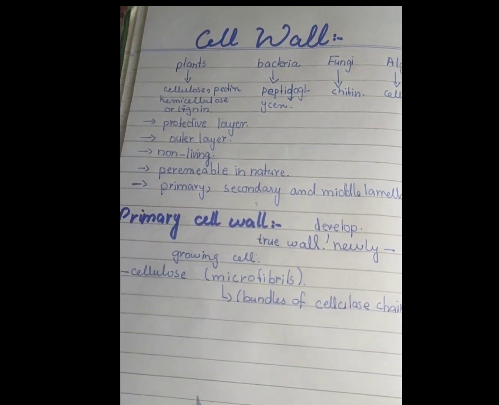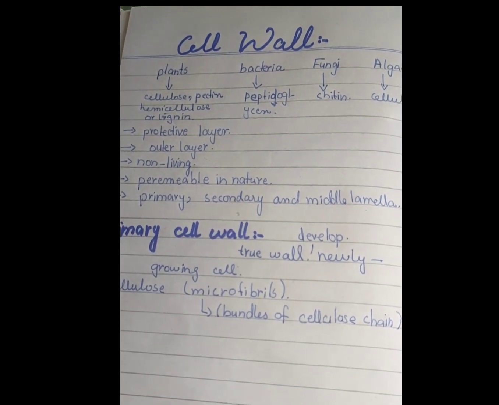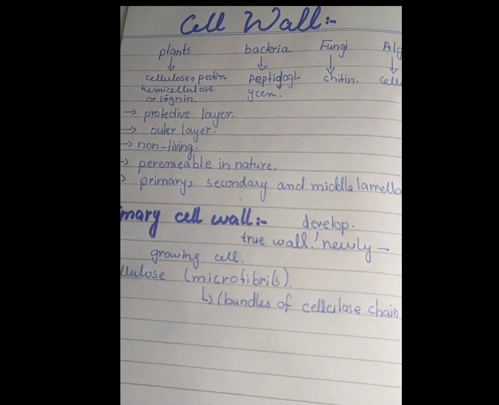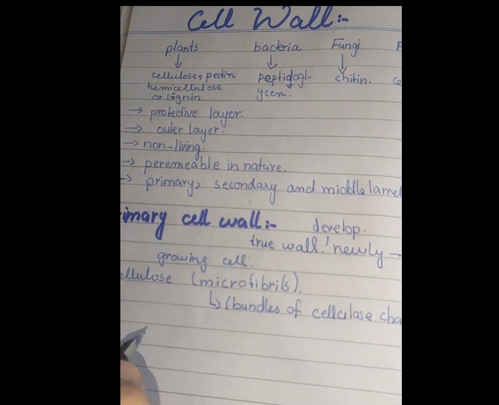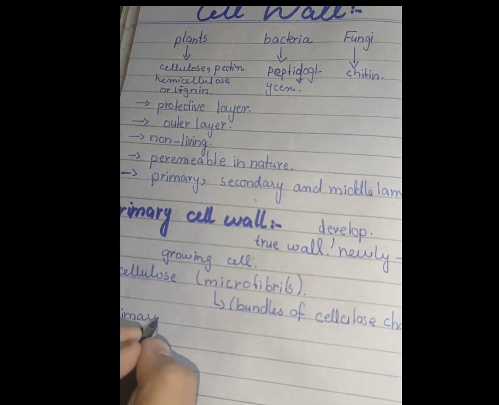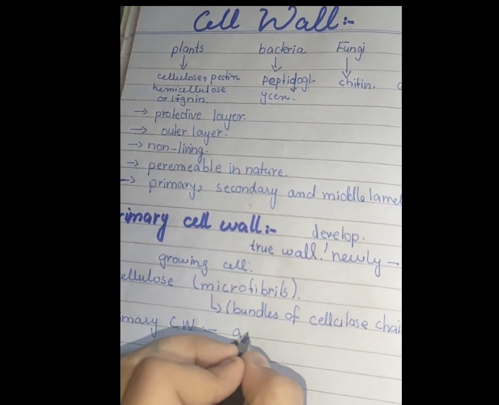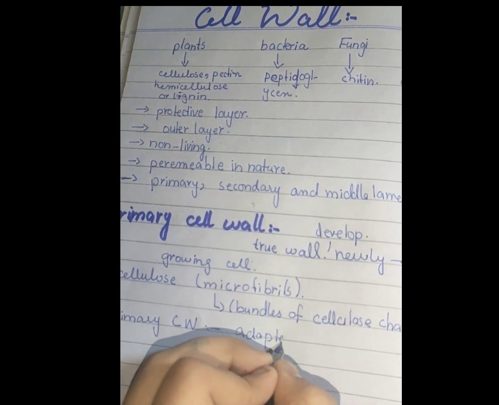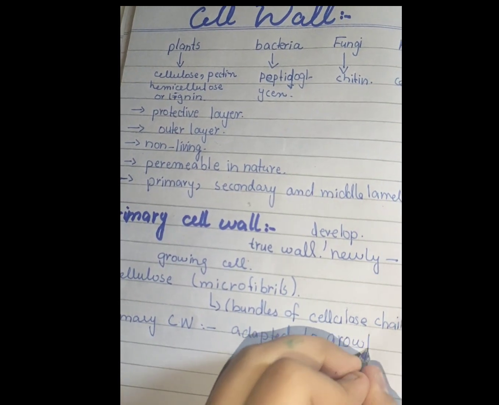Okay, now the main function of the primary cell wall is basically protection, and the primary cell wall is adapted to growth.